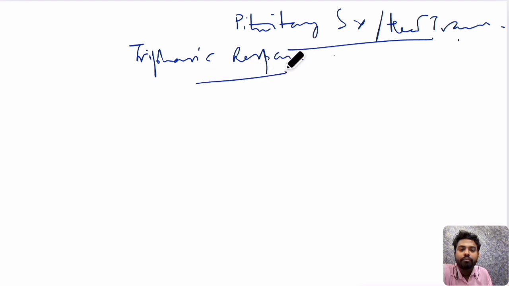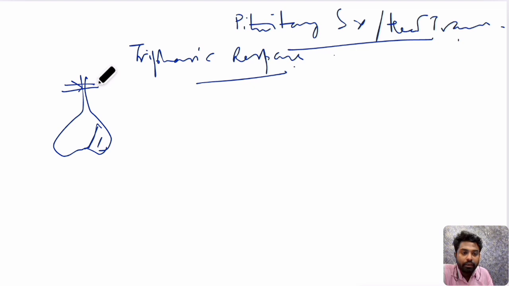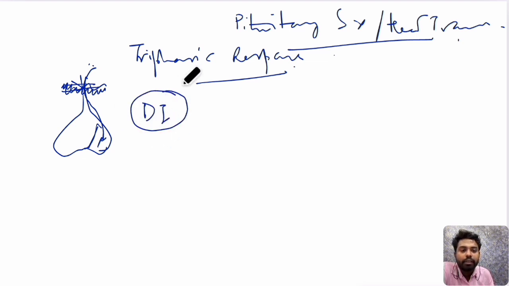So this is your pituitary, the posterior pituitary, and this is the stalk. If the stalk is injured, what is happening? ADH is coming through this and getting stored here. Initially the stalk is injured, so this ADH cannot be transported and there is a disturbance in flow. So initially DI is happening, diabetes insipidus.